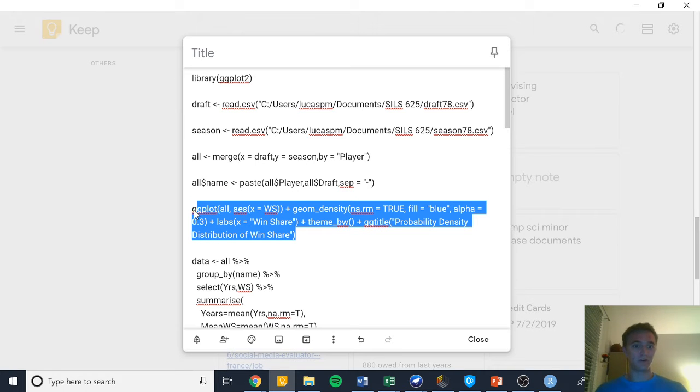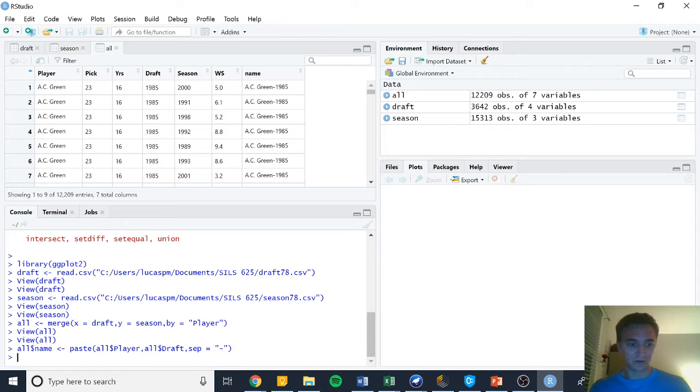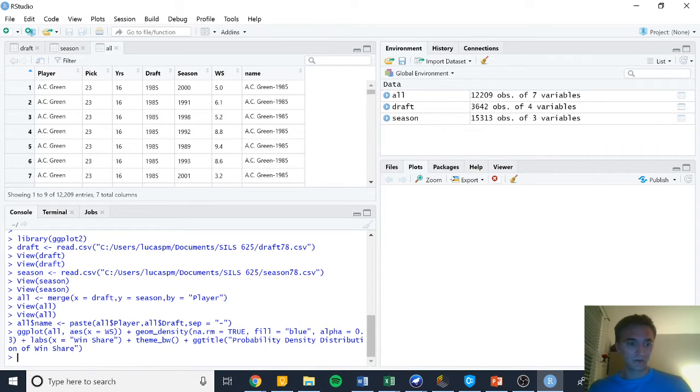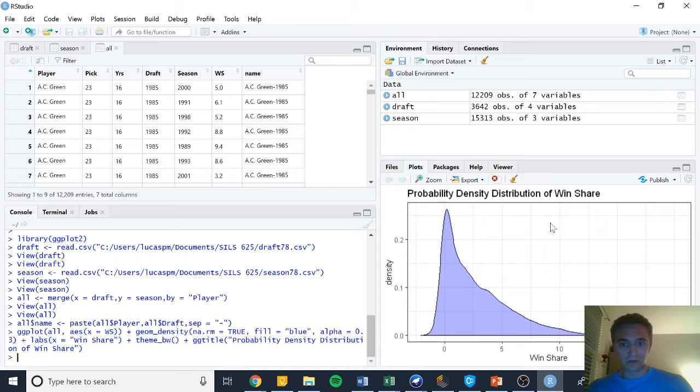So getting started with the heart of what we're doing here, I just wanted to do a little visualization of how much win share an average player is getting.